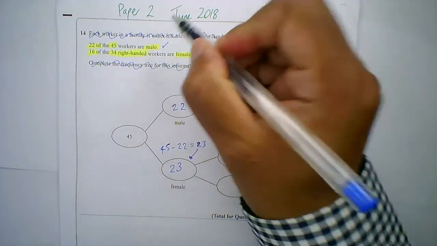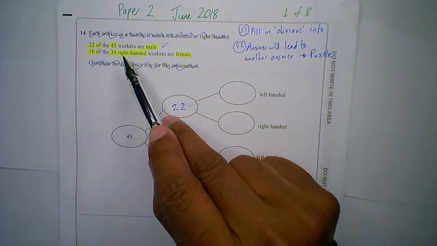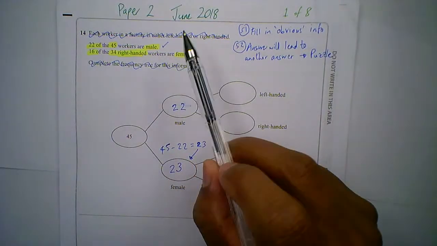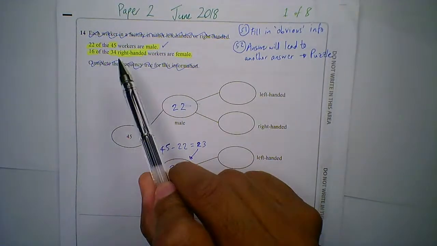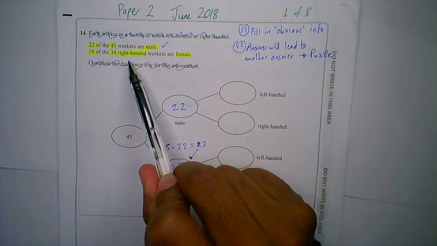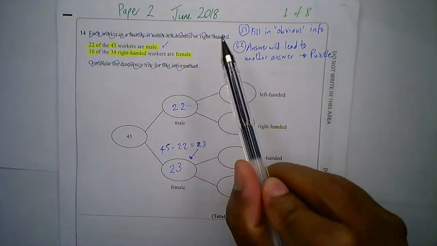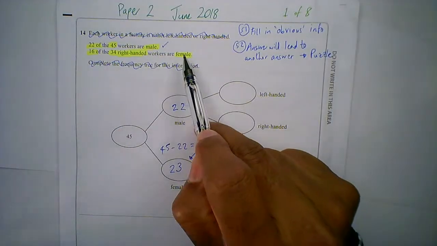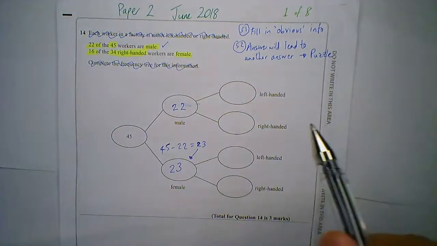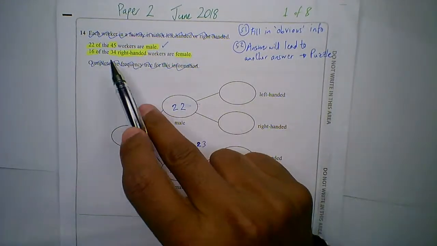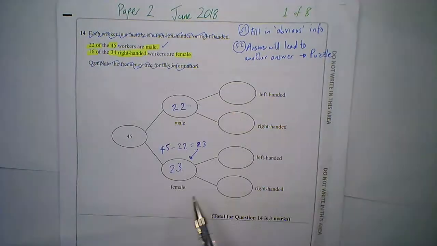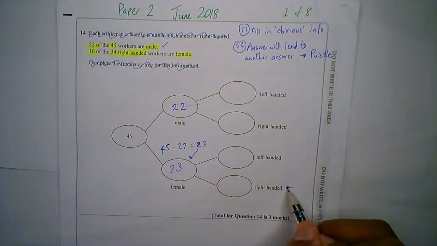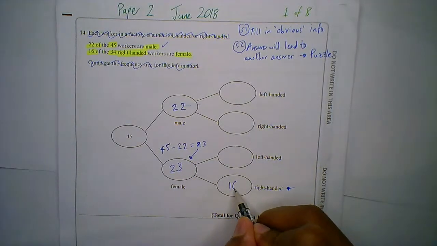Let me look at the next sentence. 16 of the 34 right-handed workers are female. So we've got 34 right-handed workers and 16 of them are female. So we're looking for female, right-handed, so we're looking at this one here, and this one is 16.